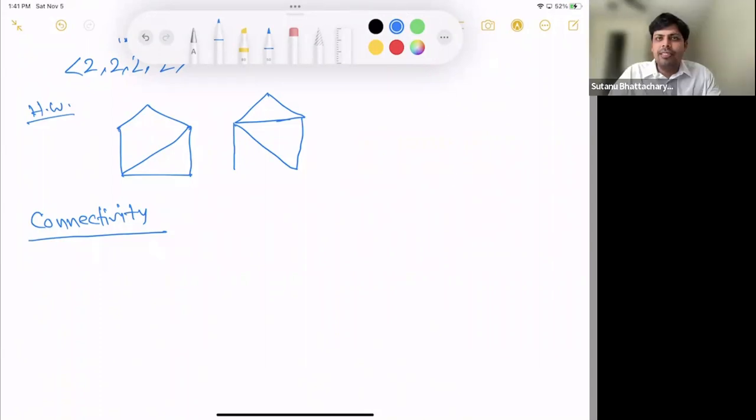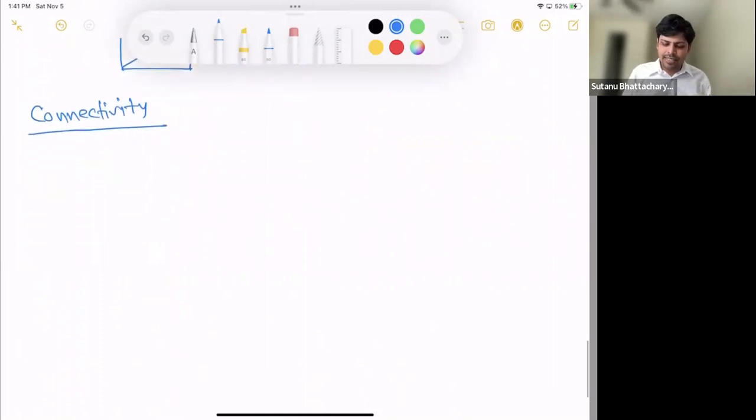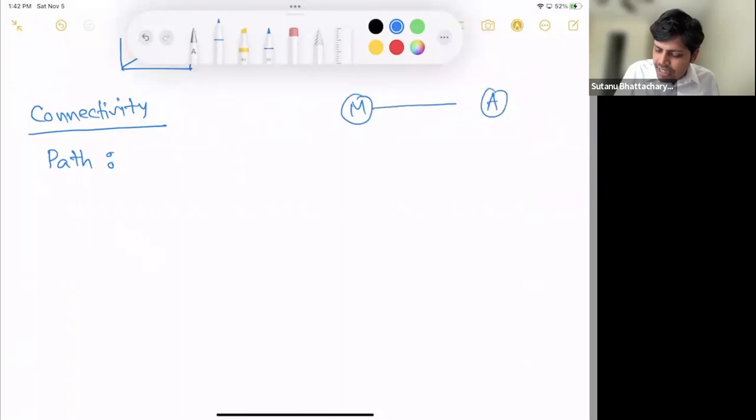Okay, and next, connectivity. Connectivity is very simple. We'll talk about path. Path is nothing but, you may think this is Montgomery, this is Atlanta, and there is a path between Montgomery and Atlanta.